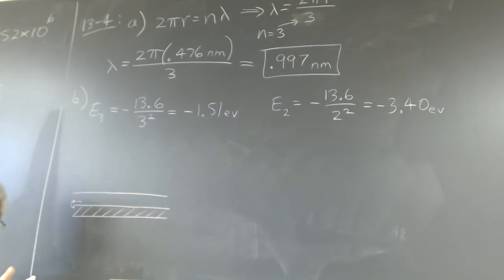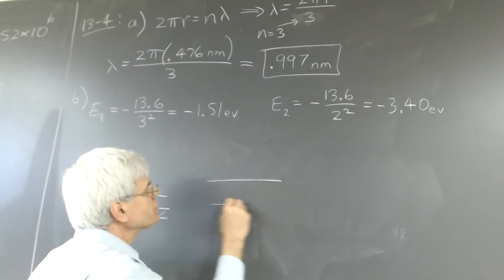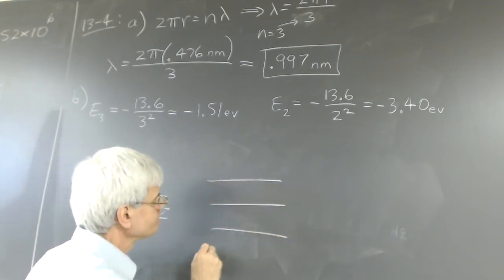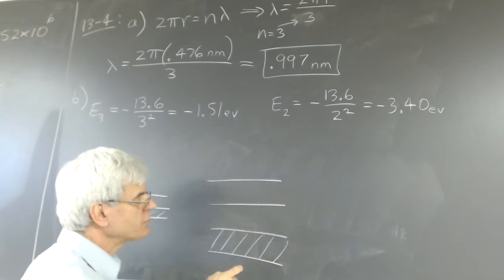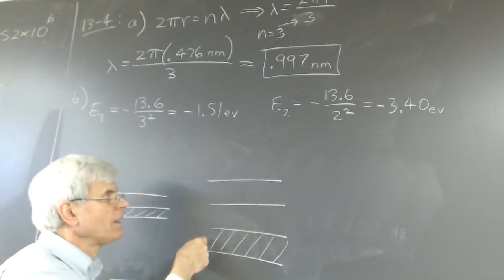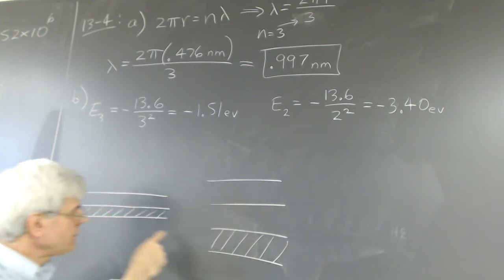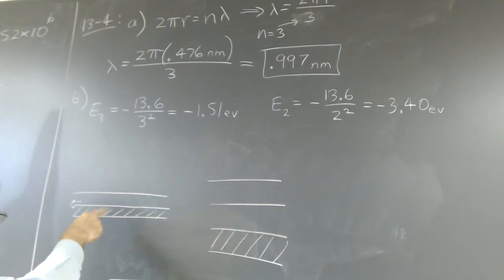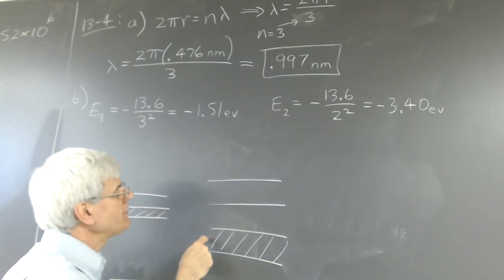Try and do the same thing in an insulator. Here's the band structure in an insulator. The highest band containing electrons, the so-called valence band, is full. The next band up, which would be the conduction band, see in a metal, the valence band and the conduction band are the same thing, but in an insulator, they're not.